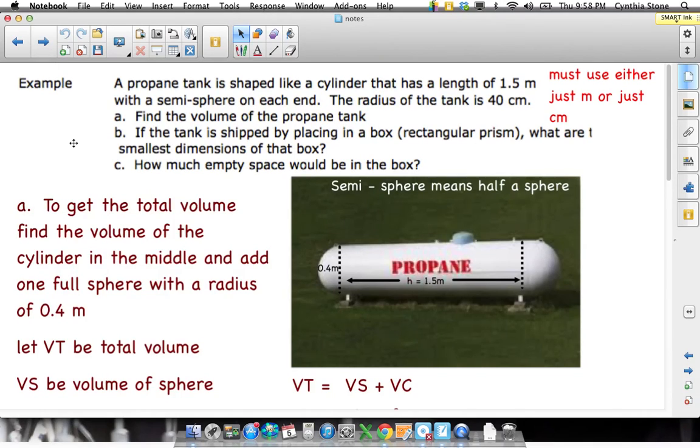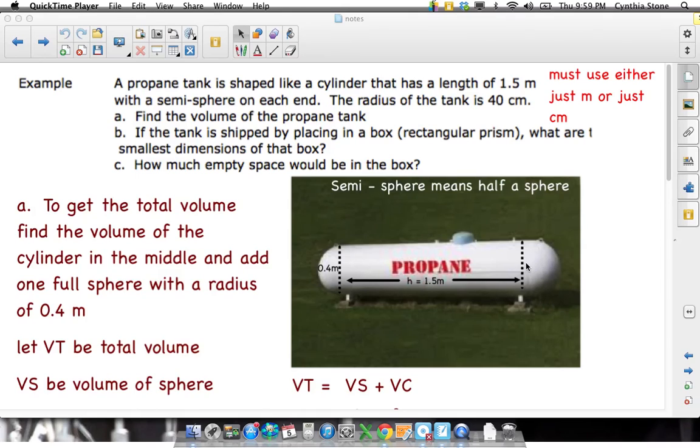All right, here's the big problem, the last example problem of the new material for the semester. Certainly there'll be lots left on review, but we have a propane tank and see the shape of it. It's kind of like a cylinder in the middle, but you've got, and it's not drawn very well, but these should be 2 equal halves of a sphere.